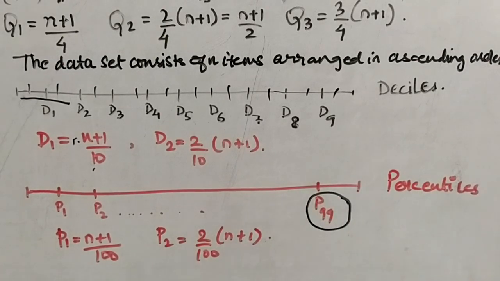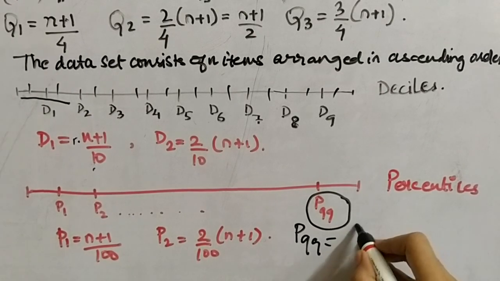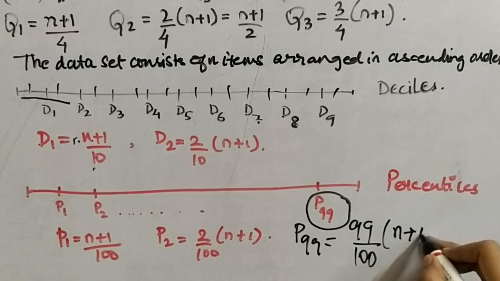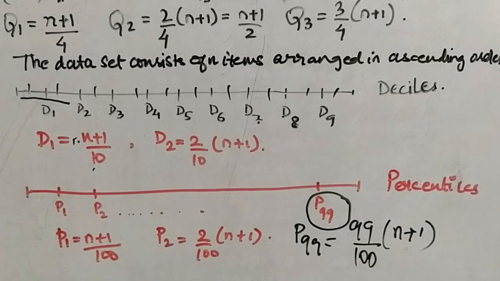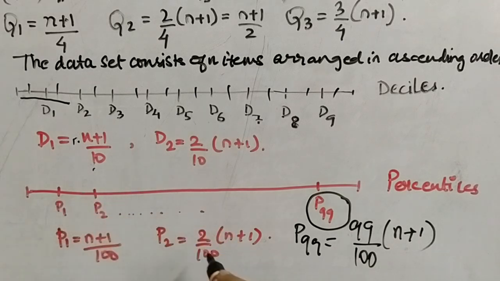And in case of P99, what you are going to do? You are going to do 99 by 100 into n plus 1. In case of P2, you have done what? 2 segments divided by the total segments, which is 100, into n plus 1. And in case of P1, it is equal to n plus 1 by 100.